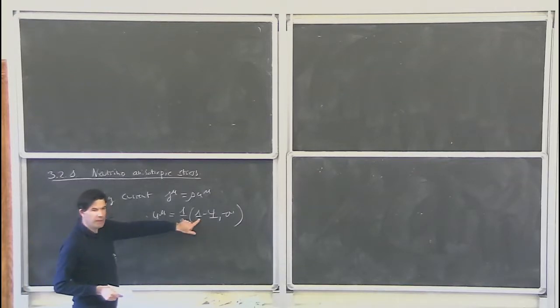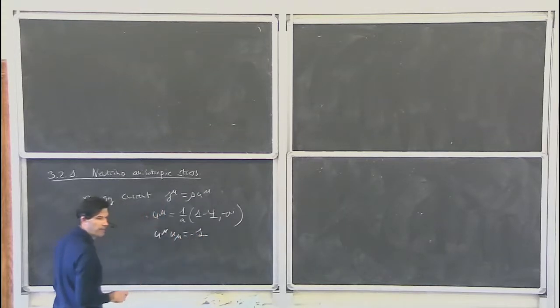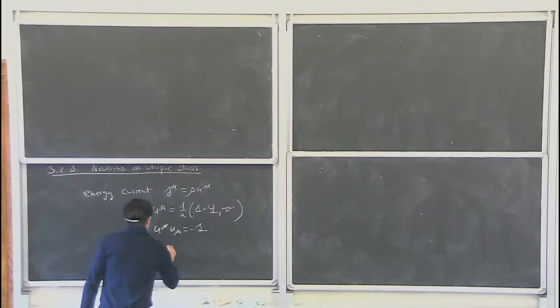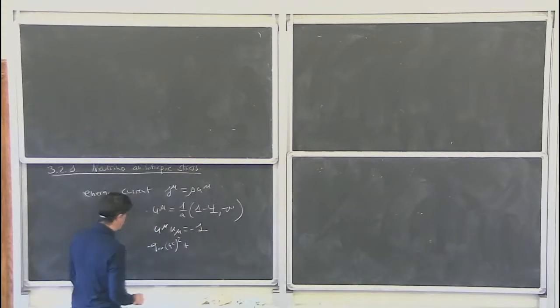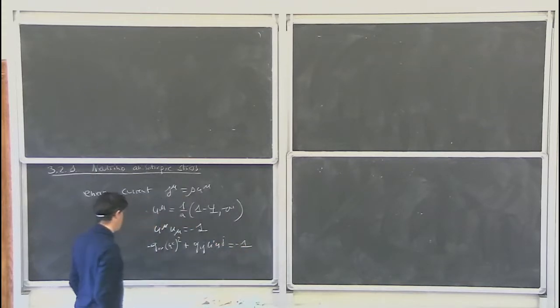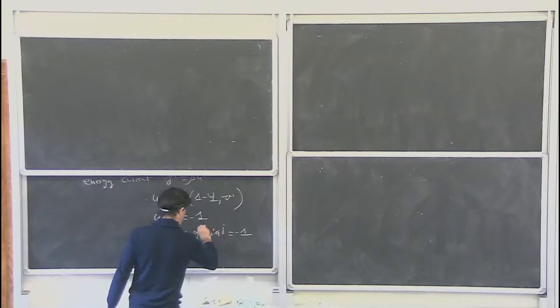where the time component is 1 minus the Newtonian gravitational potential psi, and this comes from the constraint. So if you would go through this, you would get this is a small perturbation, so this is actually second order, so you can just ignore it.